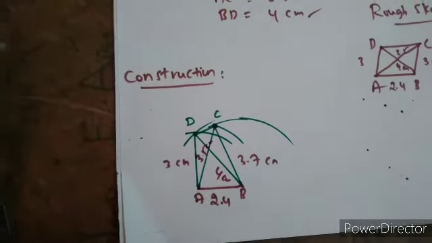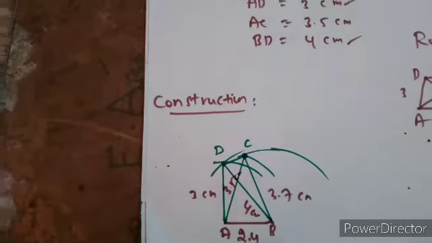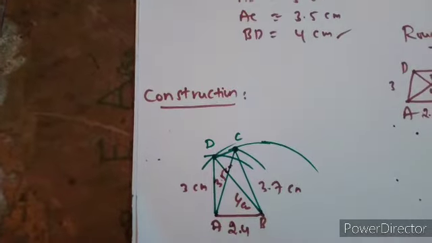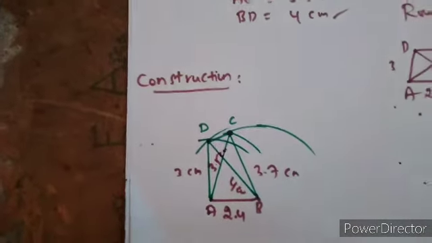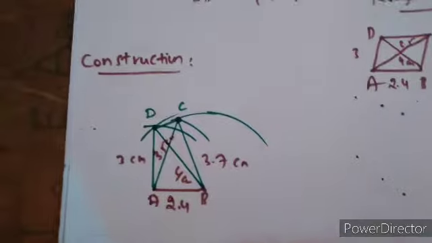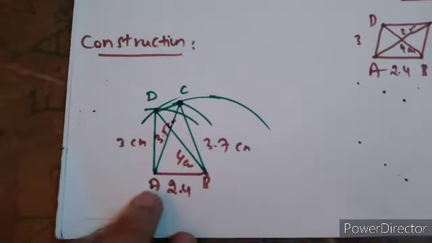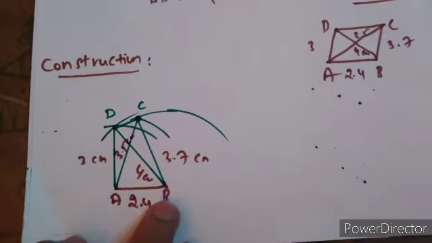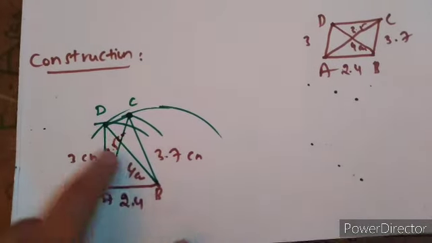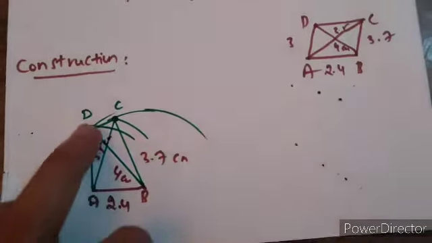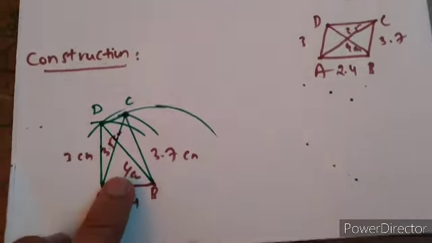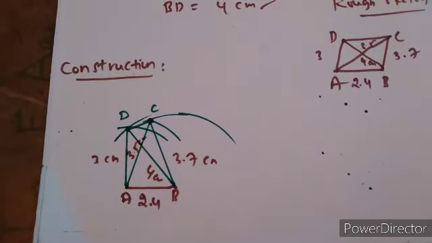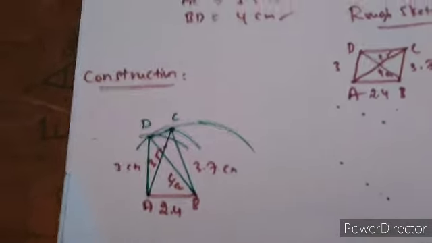Last time I already told you how to write the steps. Steps are nothing but whatever you do, you have to represent in your words on the paper. So first I constructed triangle ABD with the help of AB equal to 2.4, BD equal to 4 and AD equal to 3. If you want, you can check the previous problem that I taught you in the last class.